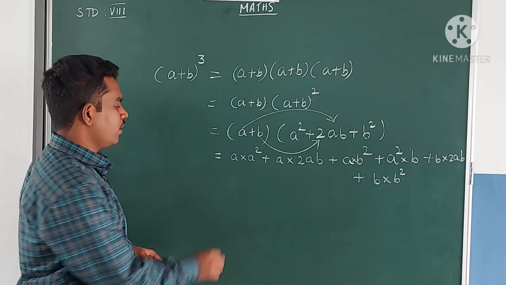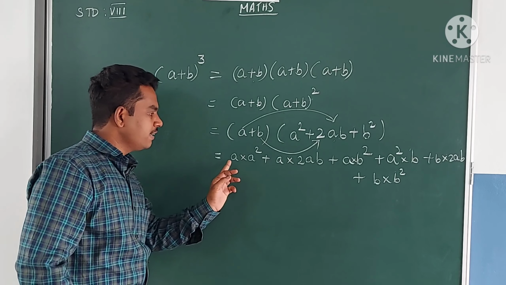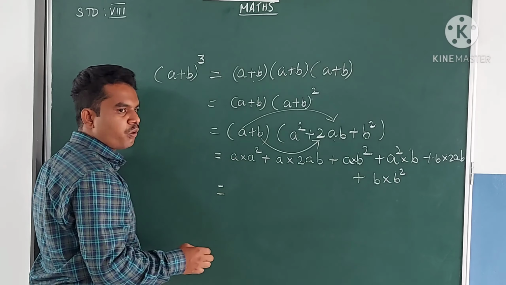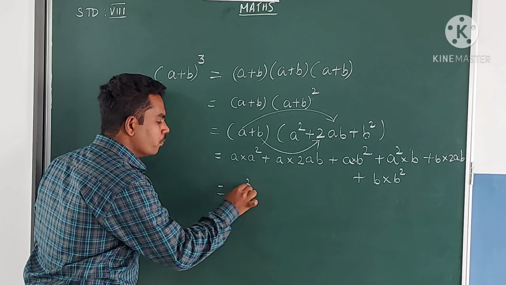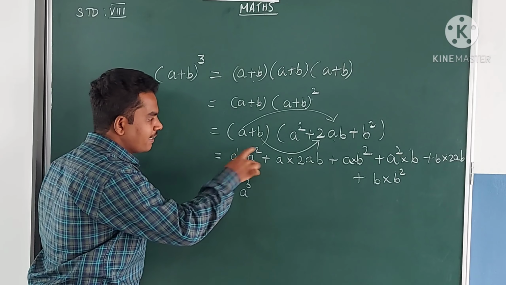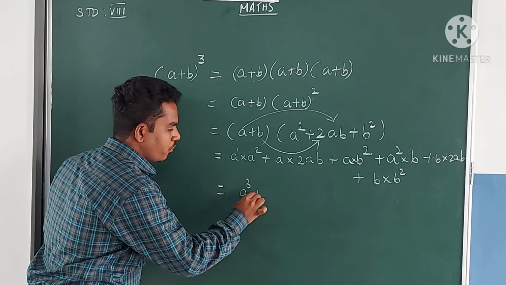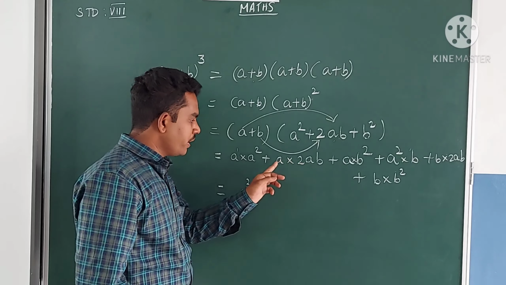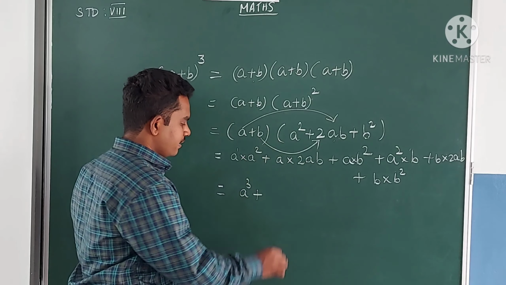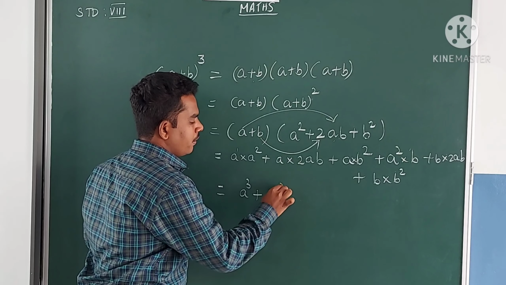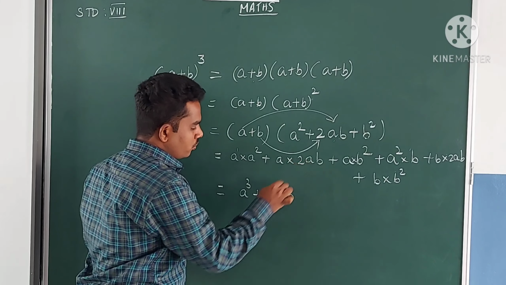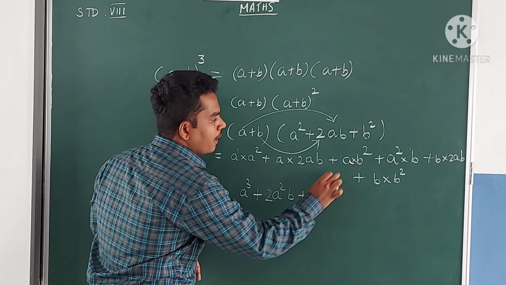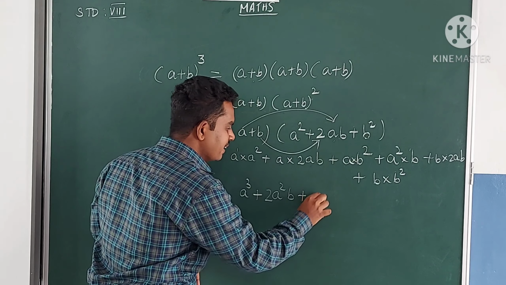Now we have to multiply the same terms. Here a into a square is what? A cube. Here the power is 1, so you can add the power. A cube plus, here 1 is a, here 1 is a. So a into a is a square, b written as same, 2 also. Next, a into b square simply written as ab square.